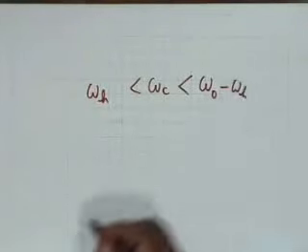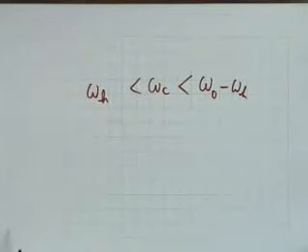Now, it is also obvious that the gate that you are choosing, the frequency at which the gate cuts off, must also be constrained, isn't it? It cannot lie anywhere. Omega c must be greater than omega h and less than omega 0 minus omega h. All right? We will continue this discussion next time.